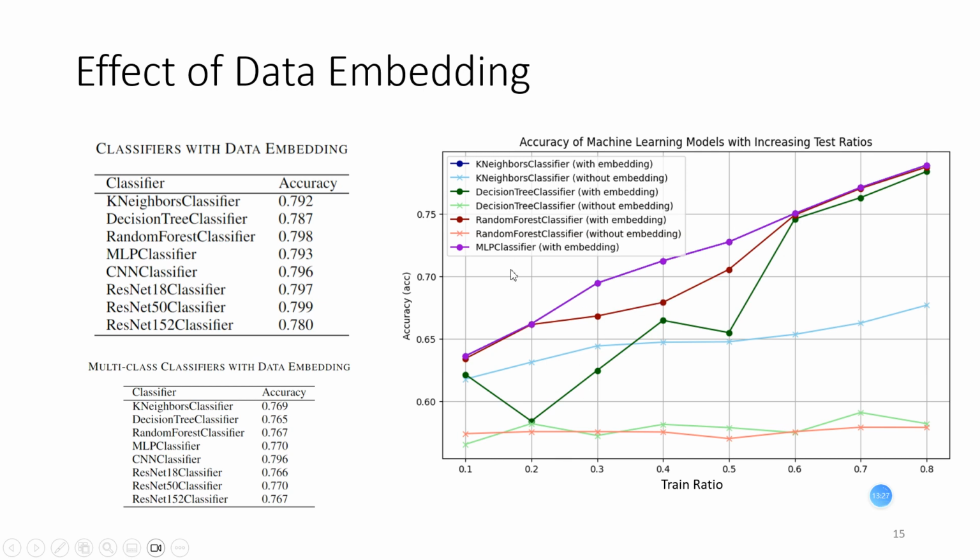Especially for the multi-layer perceptron with data embedding, it increased from about 64% at 0.1 training ratio to about 79% at 0.8 training ratio. At a 0.9 training ratio, it goes even higher. So this shows that the data after embedding is more sensitive to the training ratio.